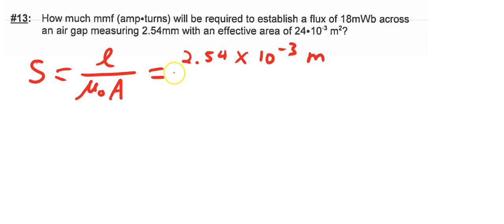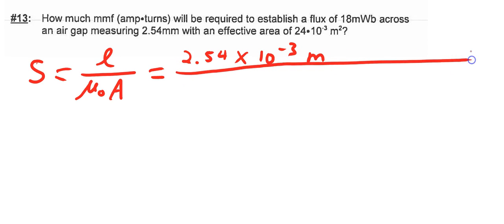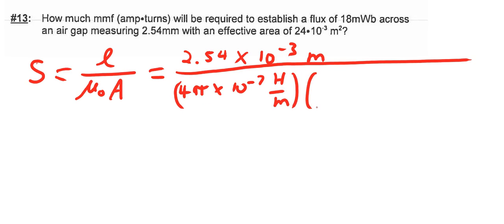For the length, we will divide that by mu naught, which is 4 pi times 10 to the negative 7 henries per meter, and we'll multiply that by the area, which has been given to us as 24 times 10 to the negative 3 meters squared.